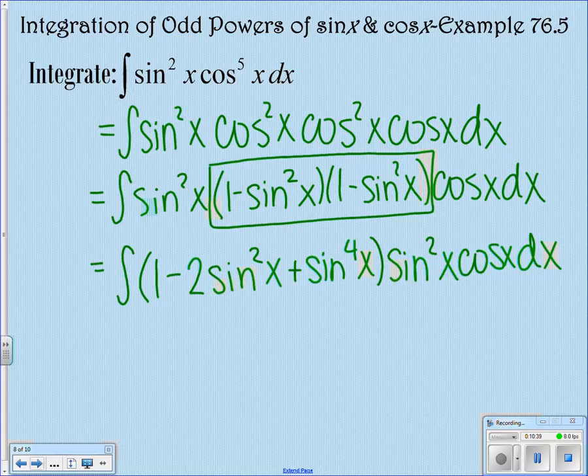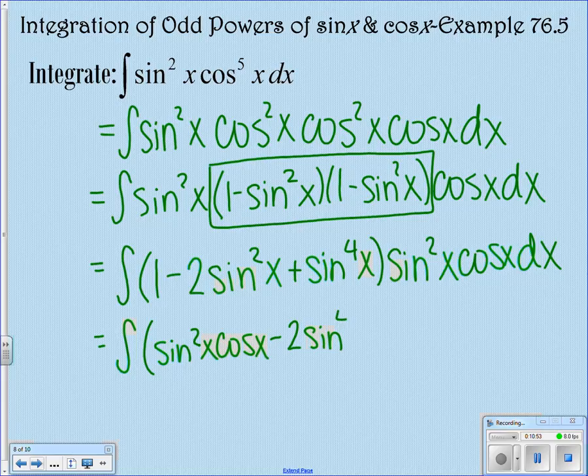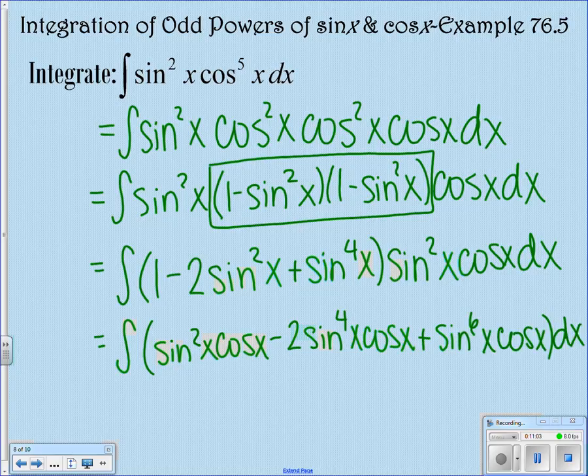Okay, so now I can distribute, and I'm going to end up with sine squared x times cosine x minus 2 sine to the 4th x cosine x plus sine to the 6th x cosine x all times dx.